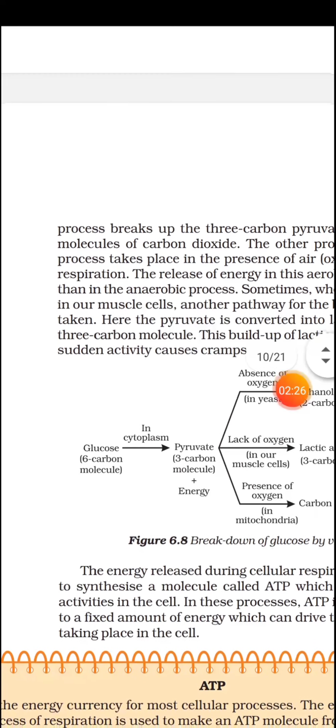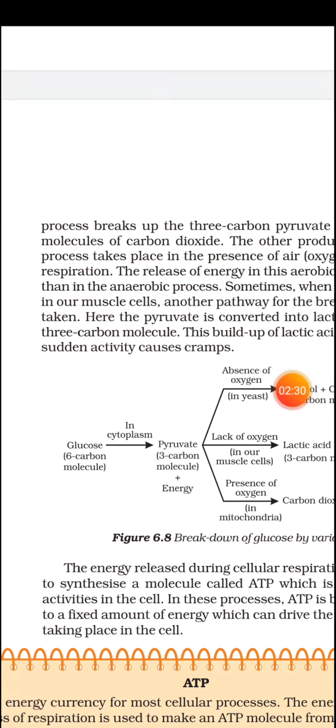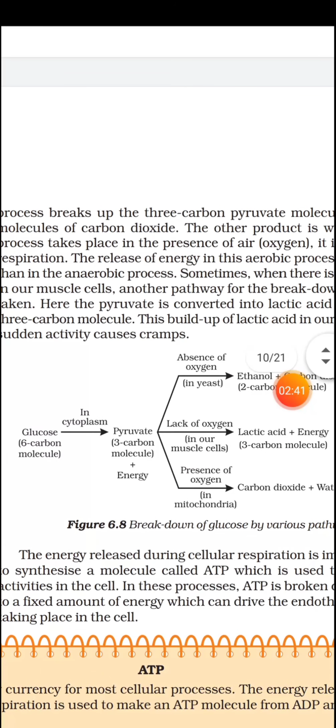In this picture, they have shown glucose, which is a 6 carbon compound. This glucose can undergo three processes of making energy. Before that, the glucose has to be converted into pyruvate, which is a 3 carbon molecule.